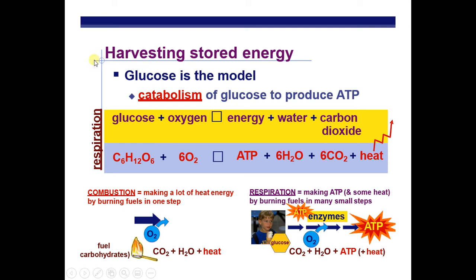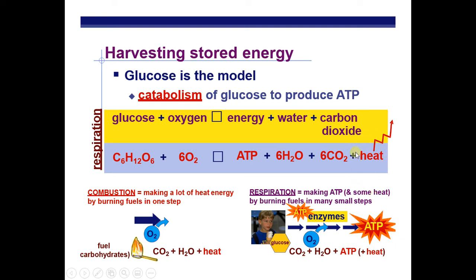The overall idea in cellular respiration, you've probably seen this equation before, is that we take glucose or any other macromolecule in the presence of oxygen, and we go through many enzyme-catalyzed reactions to turn these reactants into ATP energy, water, and carbon dioxide, which is just a biochemical waste product that the organism doesn't need, and heat.